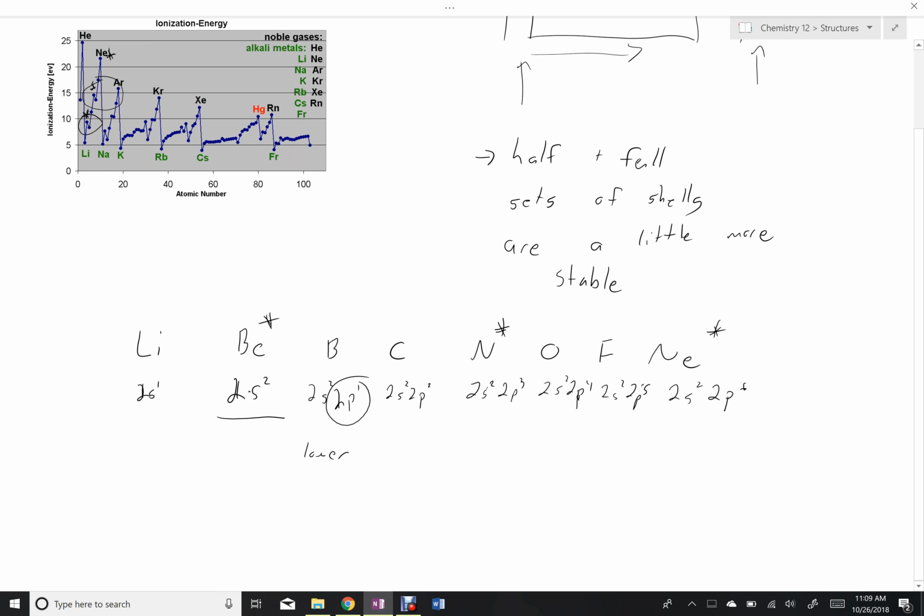Similarly here, we have a higher ionization energy and a lower one here, right? So this trend goes up, and then there's a hiccup, and then it goes up again, and then there's another hiccup. That's this one right here. And that's because this shell is half full, and here we have to put a second electron in one of our p shells.